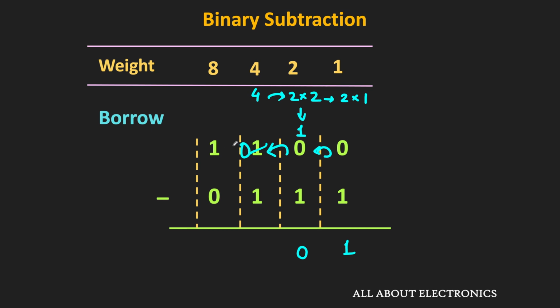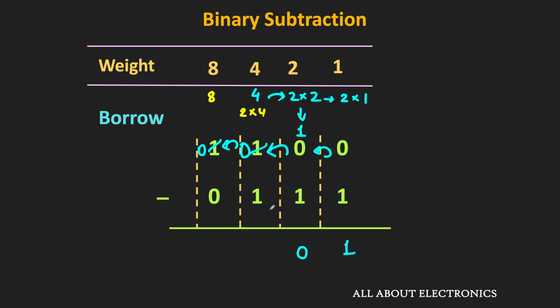And therefore, we need to take the borrow from the next column. So in this 8th column, we can replace this 1 by the 0. Now the weight of this 1 in this 8th column is equal to 8. So whenever we are putting it into this 4th column, then we can write it as 2 times 4. Therefore, in the 4th column, once we take the borrow, we have 2 4's.